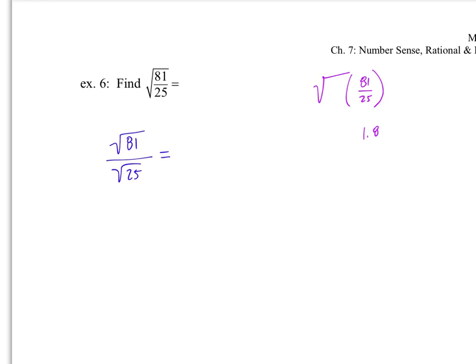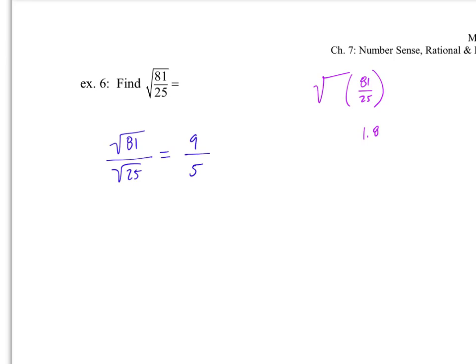What number times itself equals 81? 9. And what number times itself equals 25? 5.